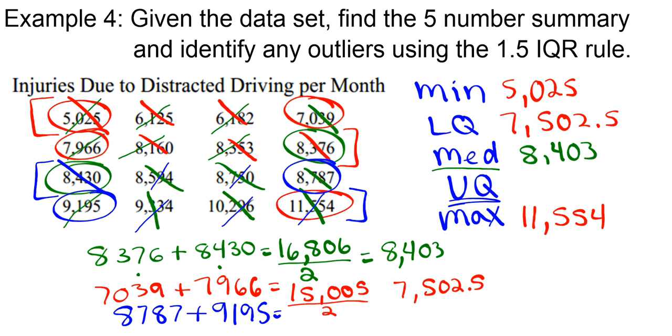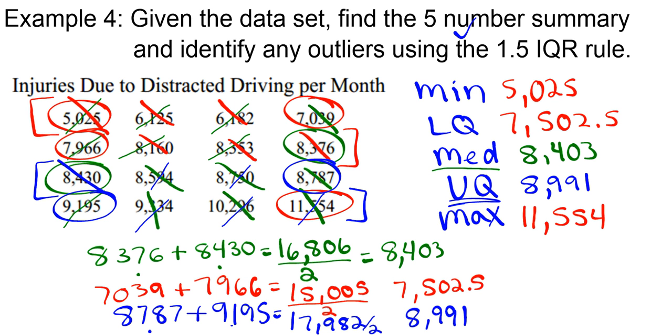When I add those together, I get 17,982. I divide that by 2, since that's how many numbers there are, and my upper quartile is 8,991. So I go ahead and write that for my upper quartile. All right, so that's a check on the 5-number summary.